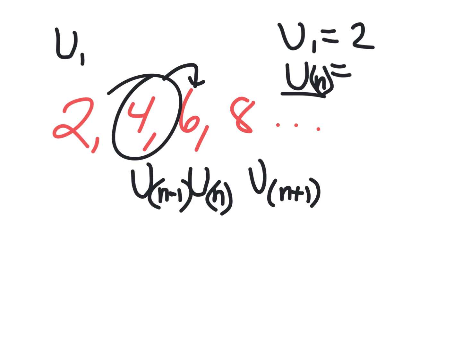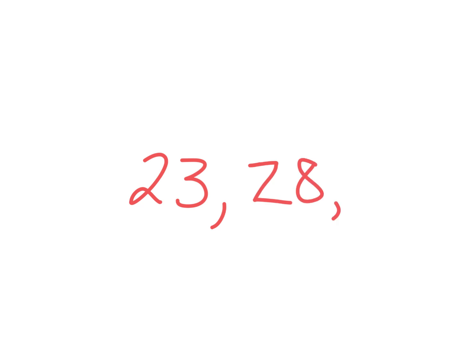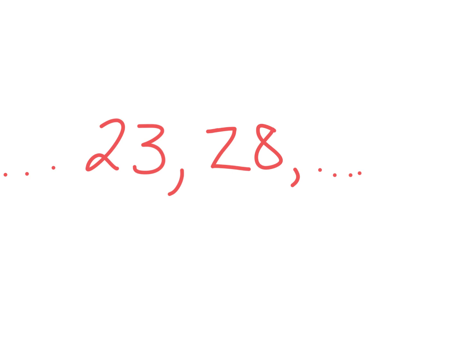All right. So I'm going to go off to the side here. Don't write this down. But if I had a sequence that was at like 23 and the next number, let's say the rule is add 5, and it was at 28, and then there's numbers before this and there's numbers after it. I don't know which term this is. I'm supposed to call it u sub n. What's the term right in front of it called then? Just told you a second ago.